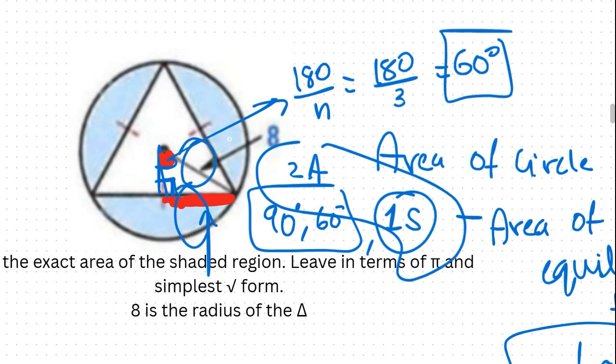How do you involve this side and this side with this angle? Is that side 8 divided by root 3? No, 4 root 3. You can use this formula: tan of this angle in the middle.